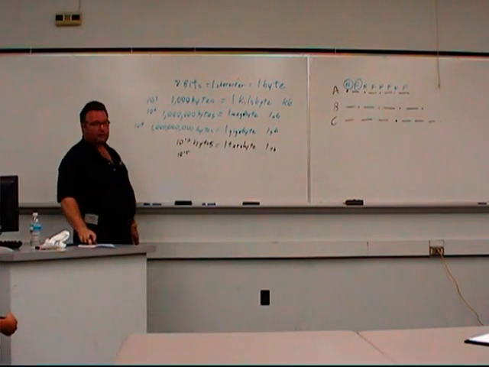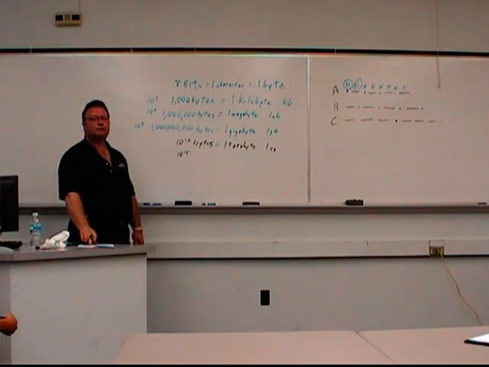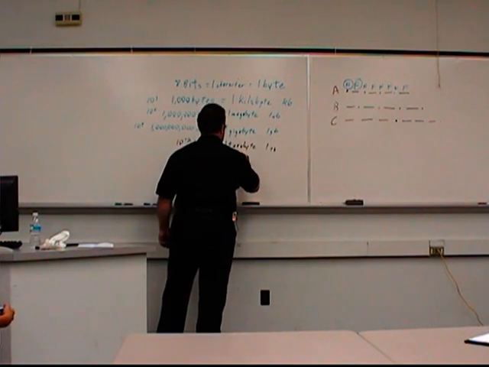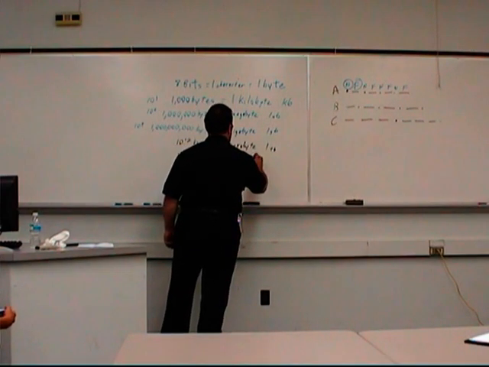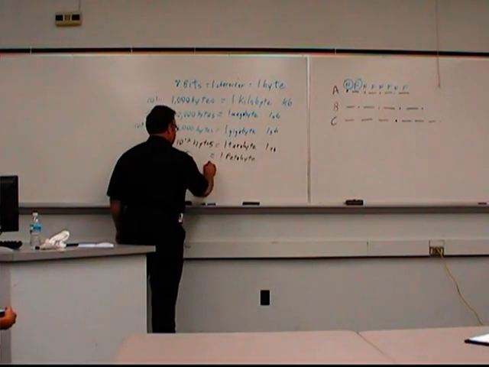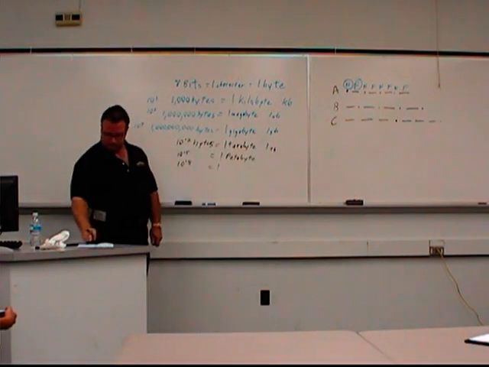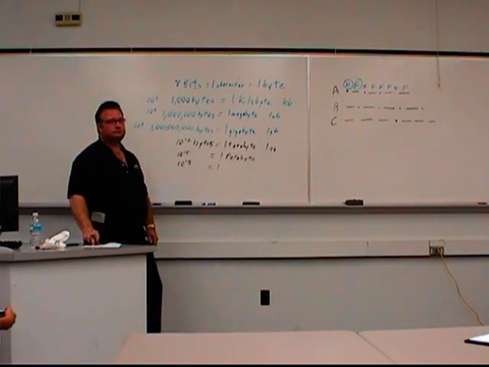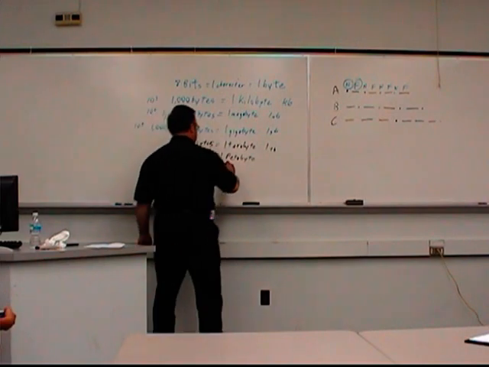The next one is 10 to the 15th. Yeah, what's that one? Anybody know? I don't blame you. 1 petabyte. And the next one is 10 to the 18th. Anybody know? No. Can't say I blame you.